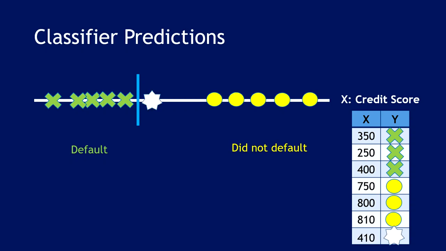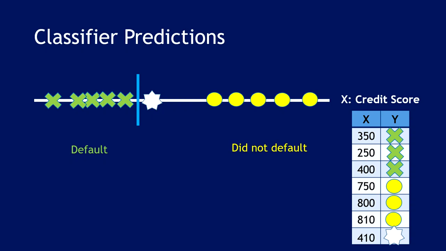Now let's look at another example. Here we have a new customer, a test data value that is 410. Okay, so it is sort of on the lower end, and it's actually pretty close to all the green crosses. However, it is on the right-hand side of the blue line.